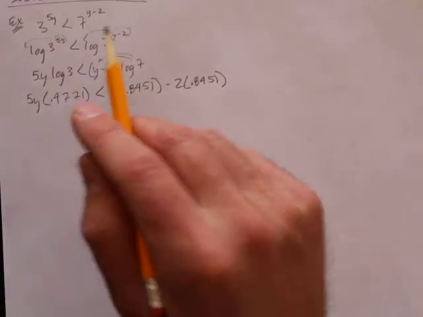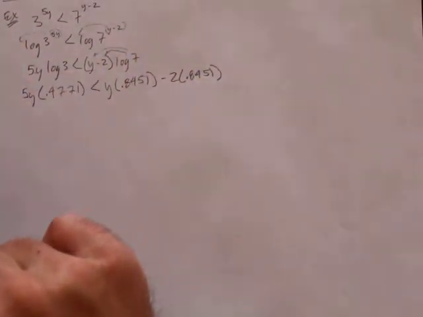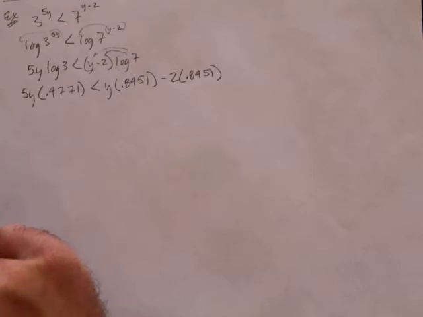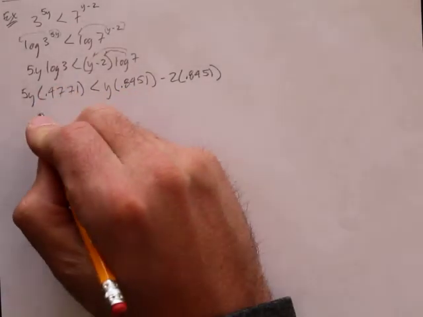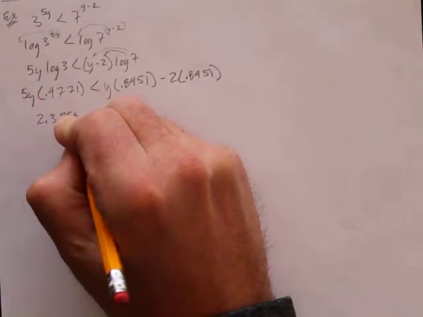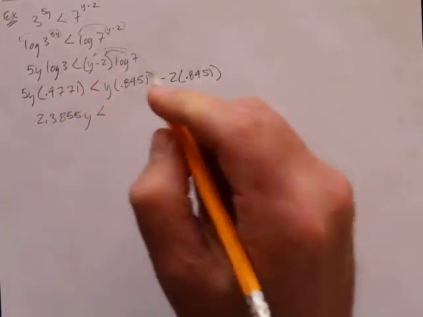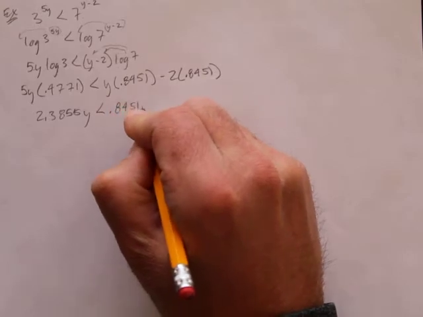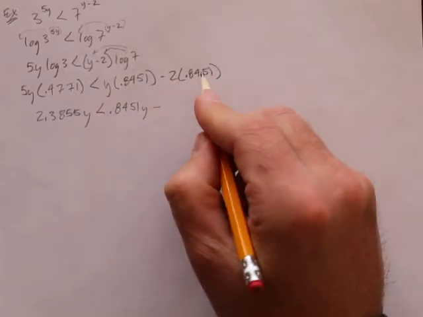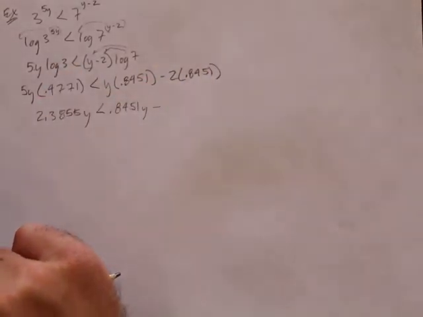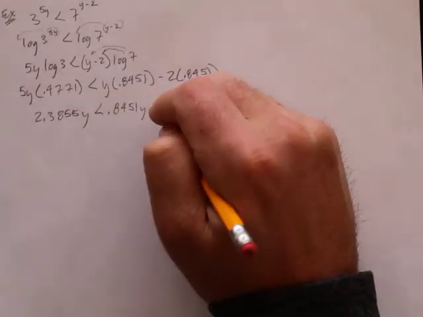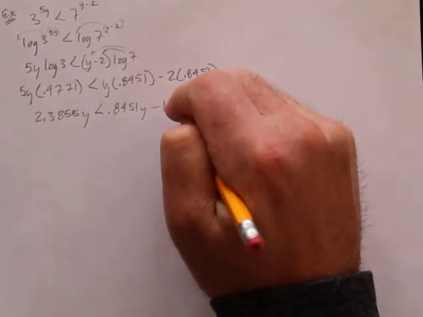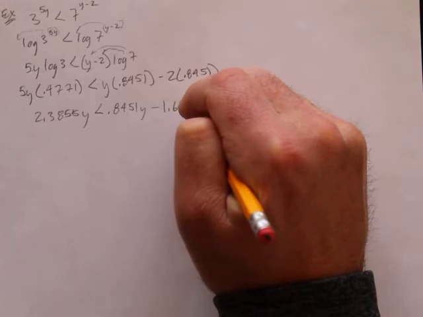So 5 times 0.4771, I've got 2.3855y is less than 0.8451y minus 2 times 0.8451, which is 1.6902.